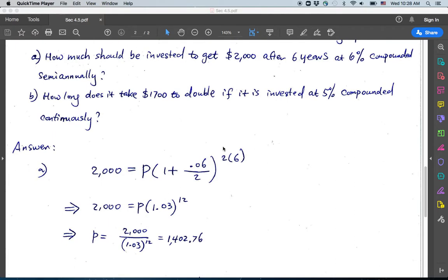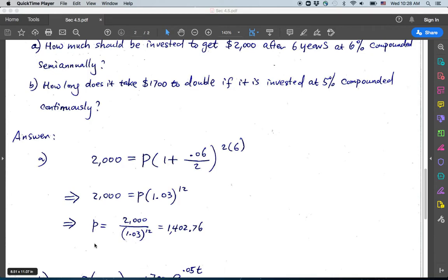Okay, if you simplify this, it's just 1.03 raised to power 12. And you divide by the coefficient on both sides, you have the P value. Again, this is the exact value for our initial investment. If you want a decimal approximate, that's going to be 1,402.76. And you can get this with your calculator.